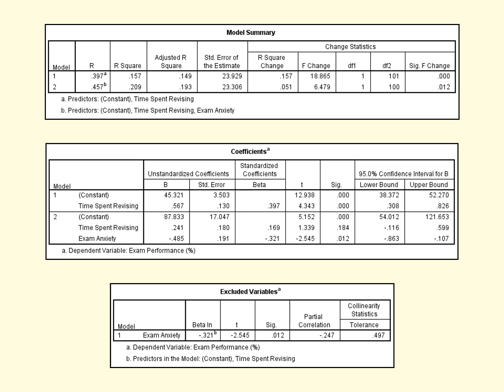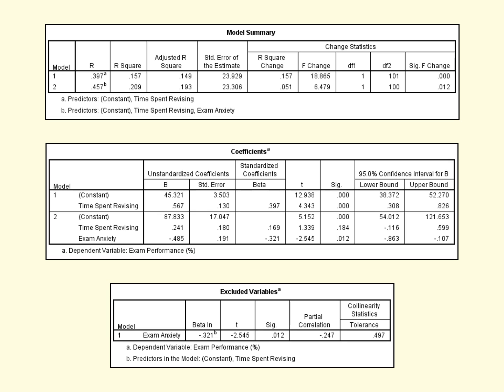Then in step 2, or augmented model 2, where we add in exam anxiety, there's an improvement of about an additional 5% of the variance explained. So R squared goes up from about 15 or 16 to about 20 or 21, depending on how much you're rounding these things.